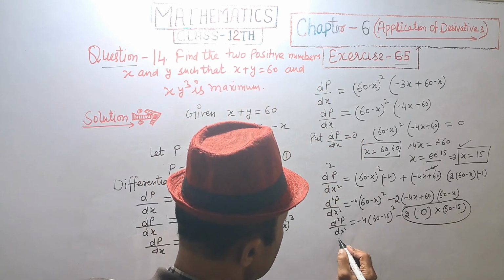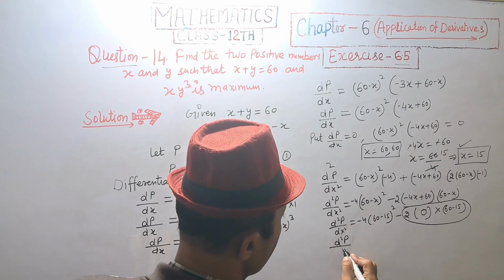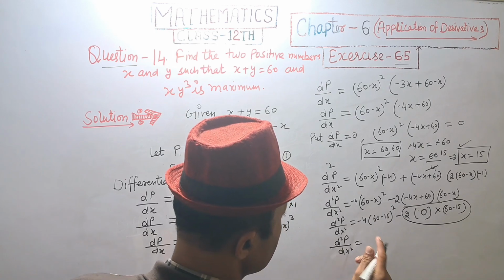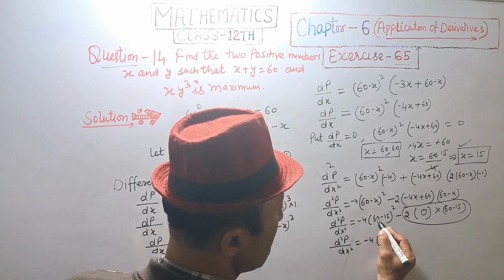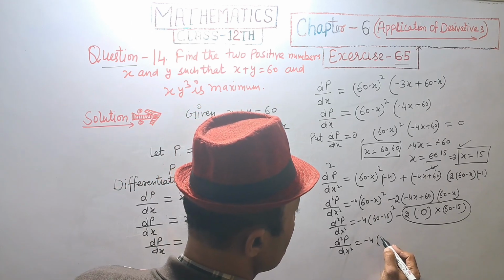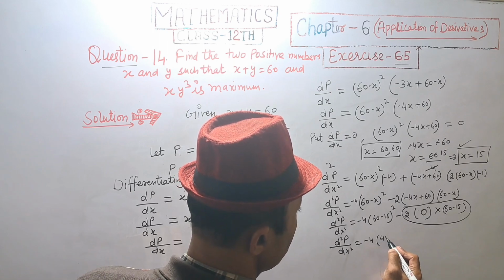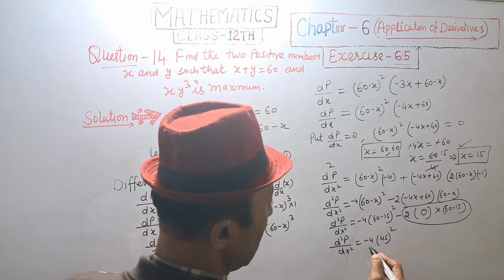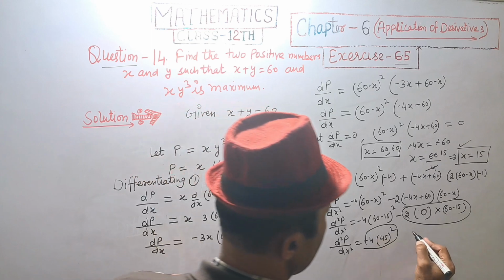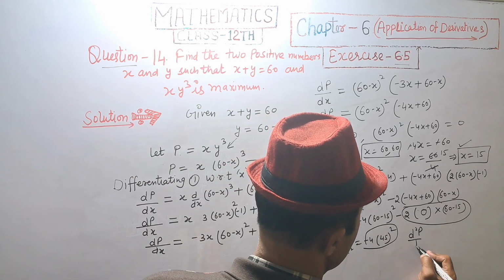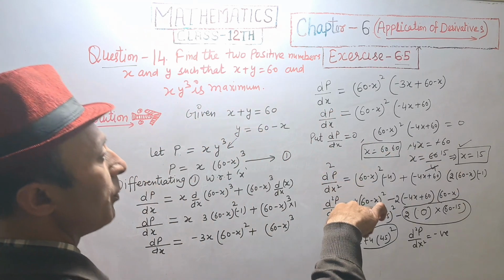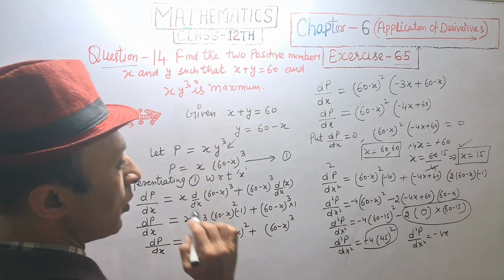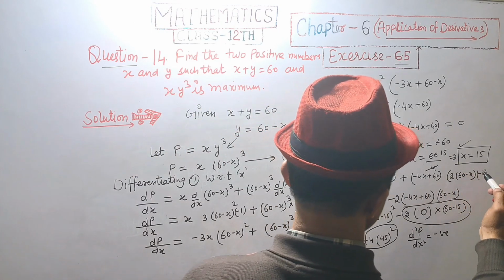We get d square P upon dx square is equal to minus 4 into 45 raised to power 2, and that will be negative. It gives a point of maxima, and at the point of maxima we get x is equal to 15.